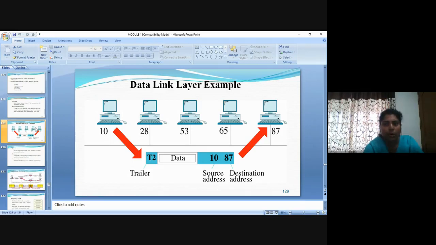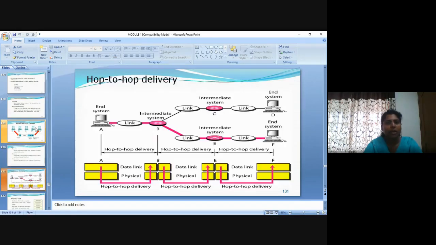So those two addresses will be specified in the frame. You have a trailer, you have the data, and you have 10 and 87. 10 is the source address and 87 is the destination address. So the data link layer assigns a MAC address to each packet it receives from the network layer.